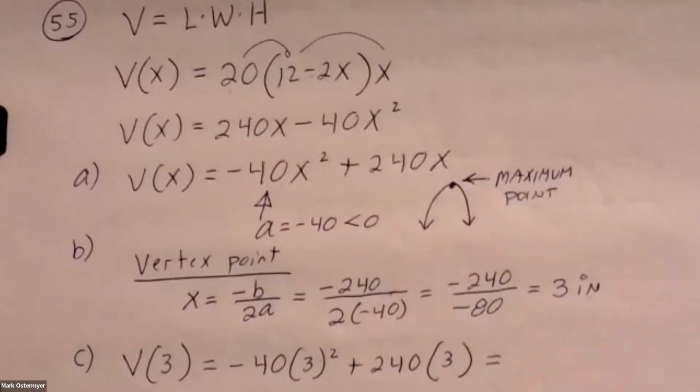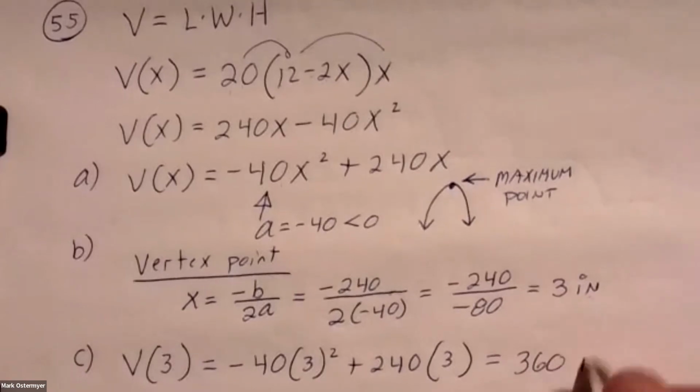And this will give us in cubic inches the maximum volume of water that can be carried away by this gutter when we allow X to be 3 inches in designing this gutter. And the maximum volume is 360 cubic inches.